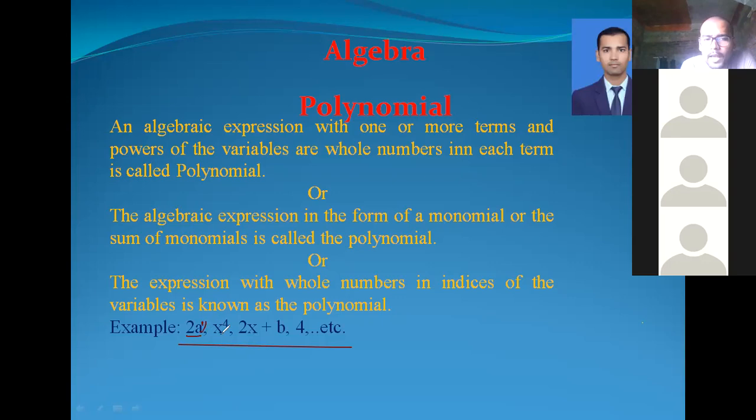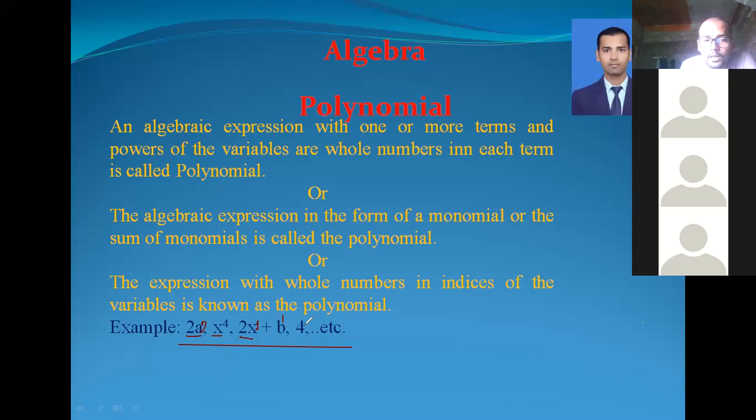In the same way, you can see here x, where the power of x is 4, which is also a whole number. In this way, 2x, where the power of x is 1. In the same way, plus b, so the power of b is 1. In the same way, there is 4.